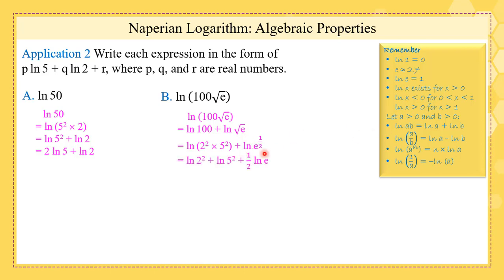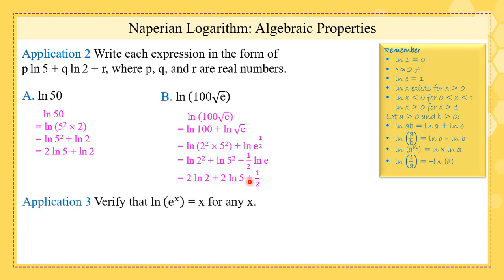Using the properties, we get this expression, which is 2 ln 2 plus 2 ln 5 plus half. Now verify that ln e power x is x for any x. This is very easy. ln e power x is x ln e, which is x.